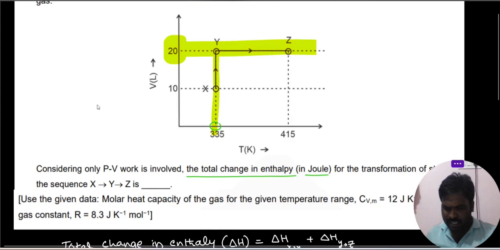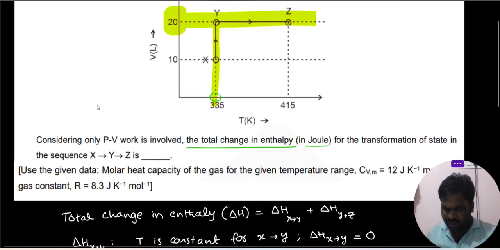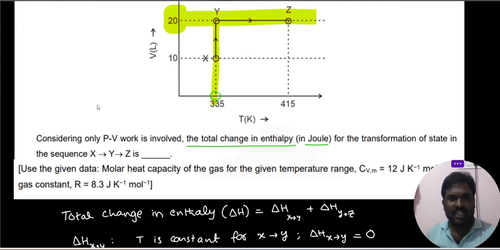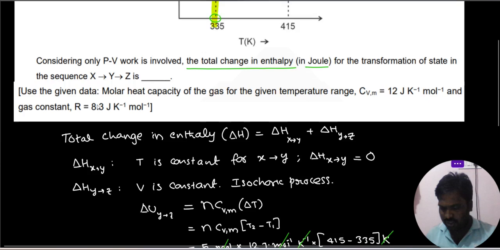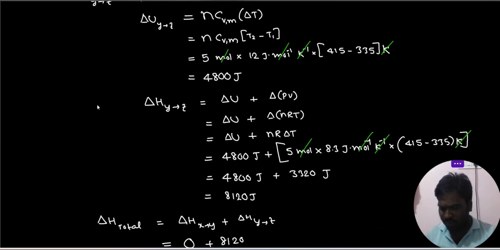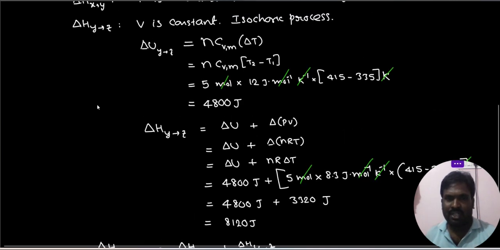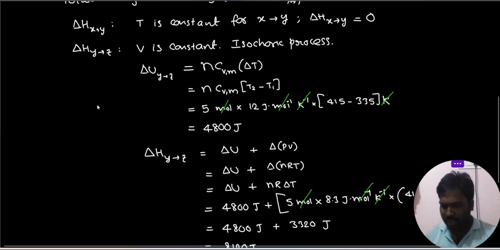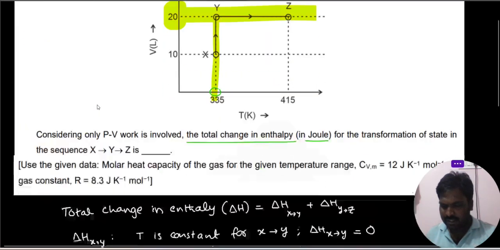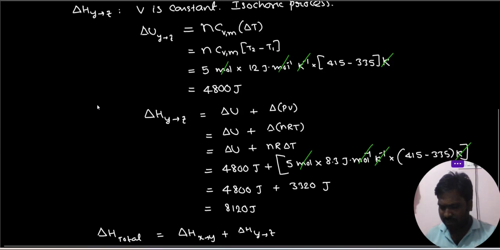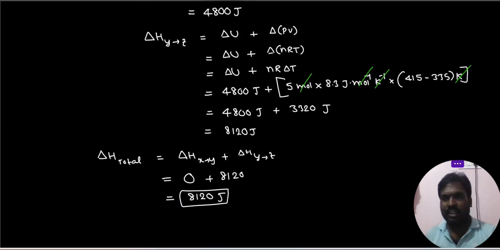For the X to Y curve we got 0, for Y to Z we got 8120, and the sum is 8120 joule. So this is the total change in enthalpy for this PV work. I hope everyone understood this solution. Clear? Okay, thank you so much.